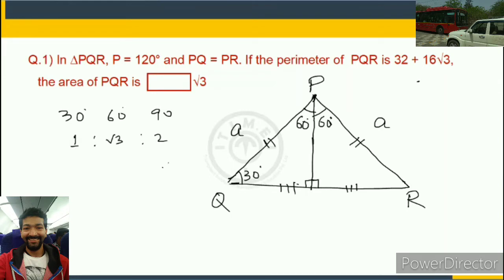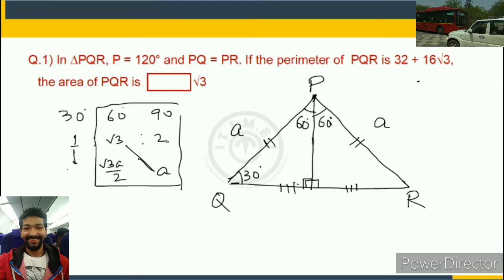So a is basically the length opposite to 90 degrees. Then what would be the length opposite to 60 degrees? Just cross multiply, √3 into a by 2. What will be the length opposite to 30 degrees? Just half of 90, so it would be a by 2, right?